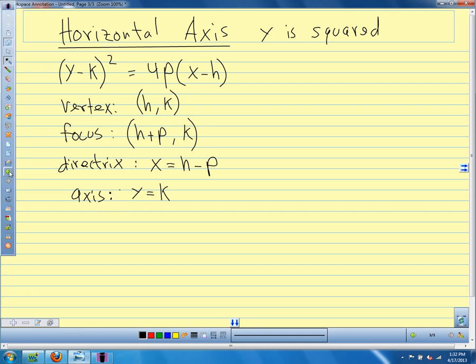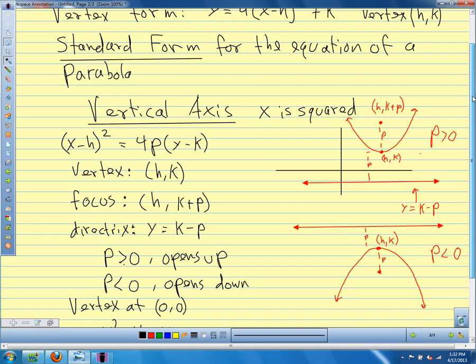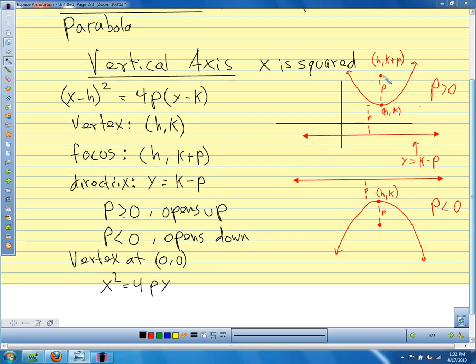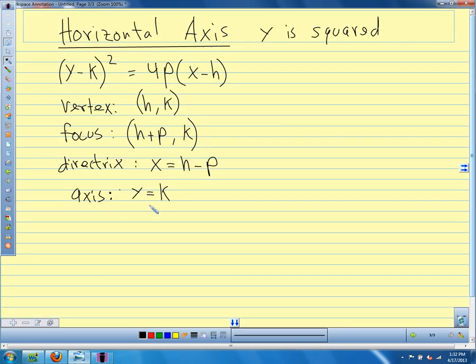And let's go back here really quickly on our vertical axis. The axis of our parabola for a vertical axis is x equals h. So our axis goes straight through the vertex and through the focus. Here our axis is y equals k. If p is greater than 0, our parabola opens right.